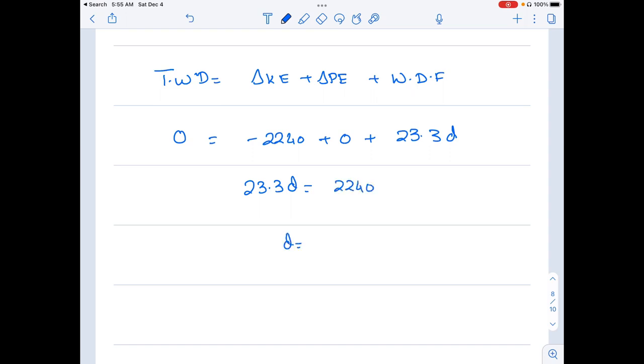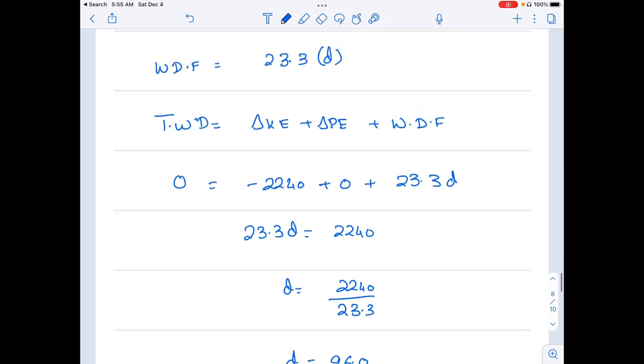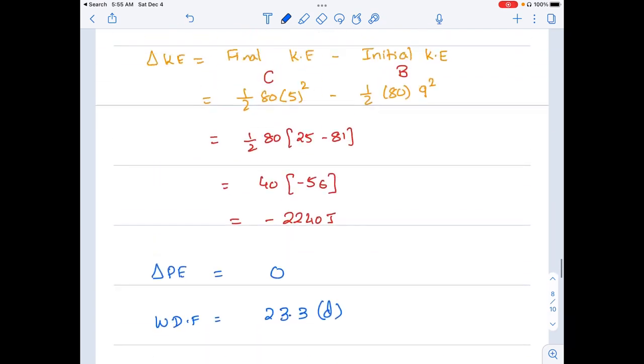So D is equal to 2240 divided by 23.3, which gives me D is equal to, in three significant figures, 96.0. That is the distance from B to C.